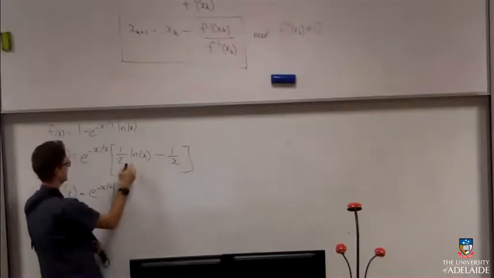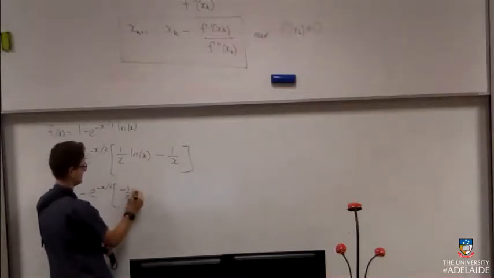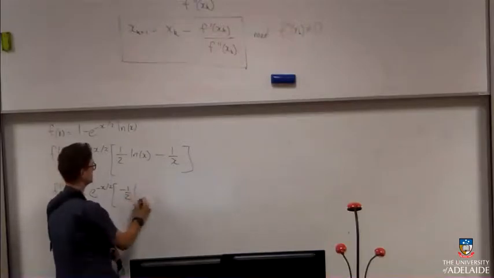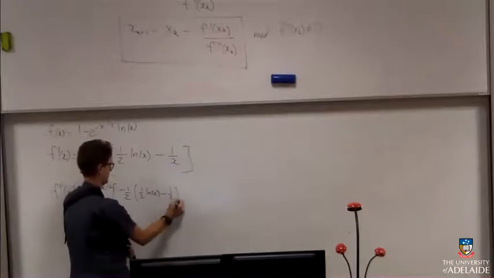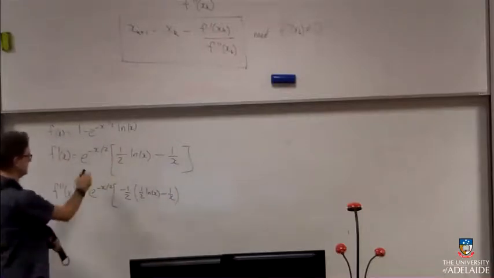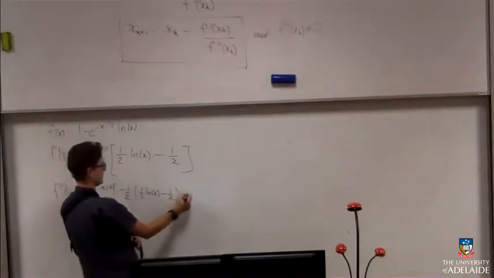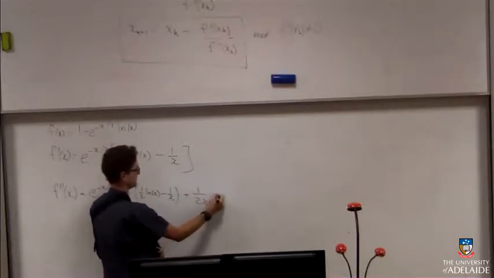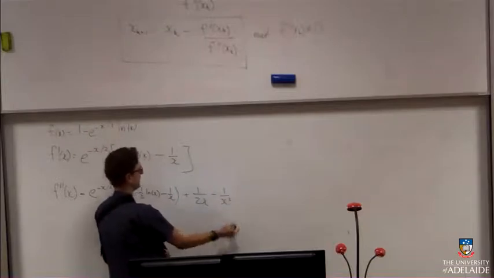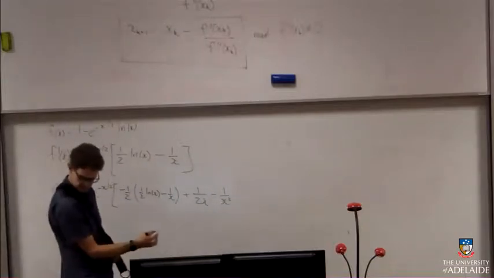I'm going to get a half of that, keep this term the same, times, and then hold this constant the same, so that gives me a 1, and then differentiate this, so this will be 1 over 2x, take away 1 over x squared, with a plus now.